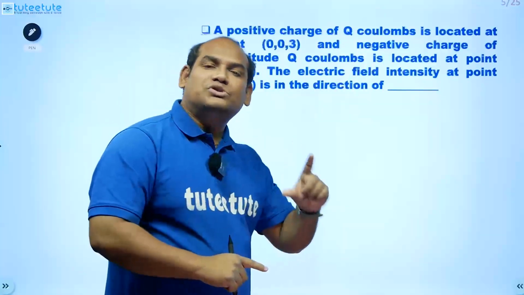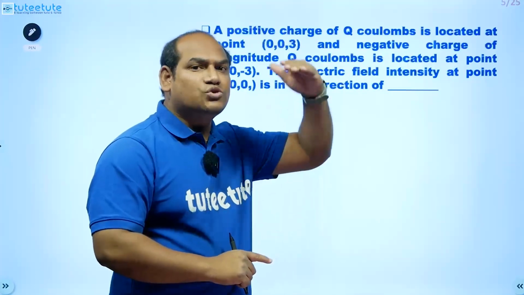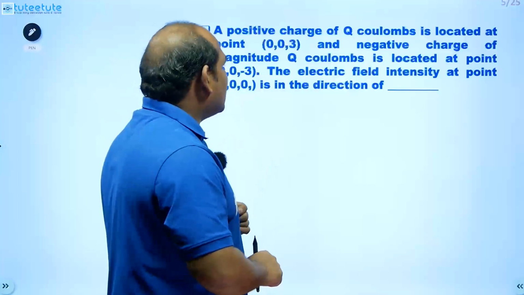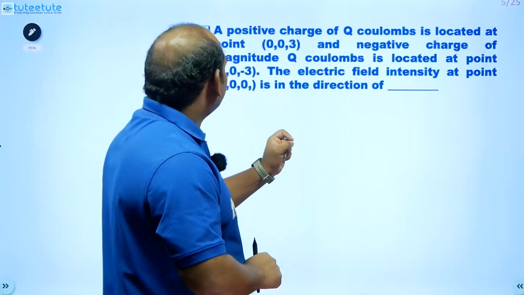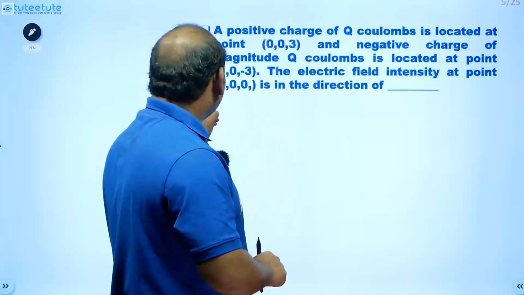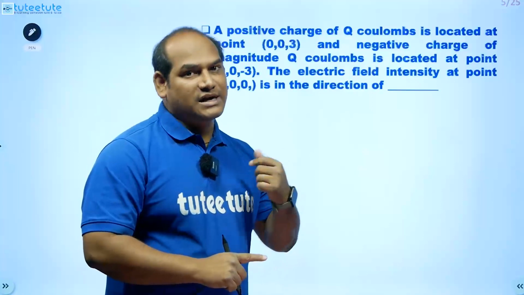That means both charges are on the z-axis only, but one is at the 003 position, the second one is at the 00 minus 3 position. The electric field intensity at point 4, 0, 0. This point is available on the positive x-axis.